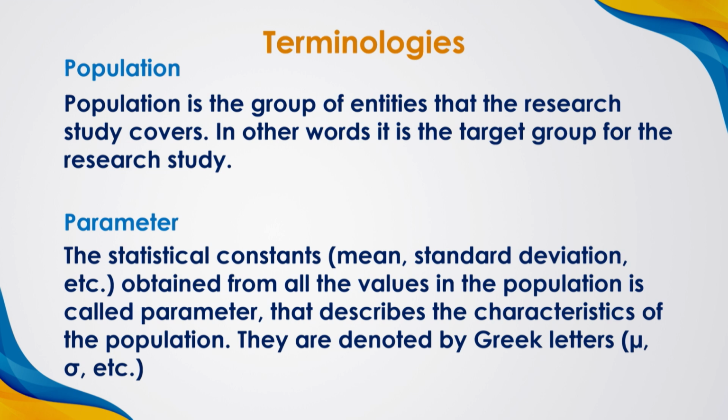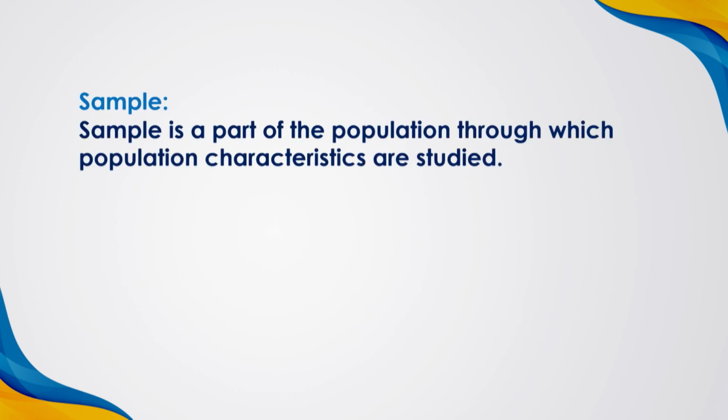That describes the characteristics of the population. They are denoted by Greek letters mu, alpha, etc. Sample. Sample is a part of the population through which population characteristics are studied.